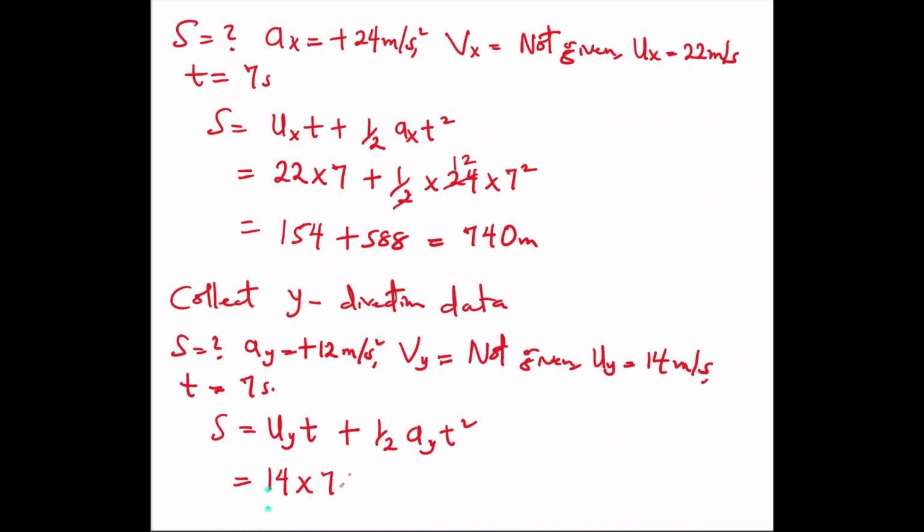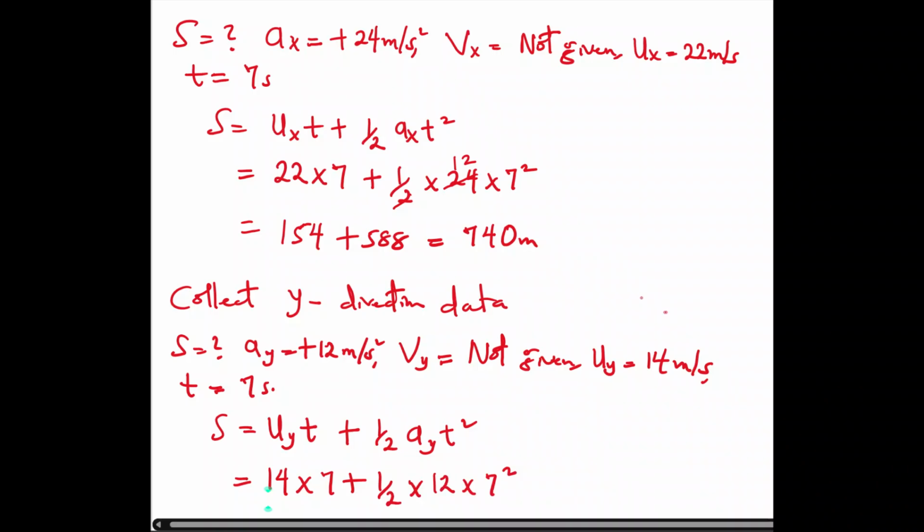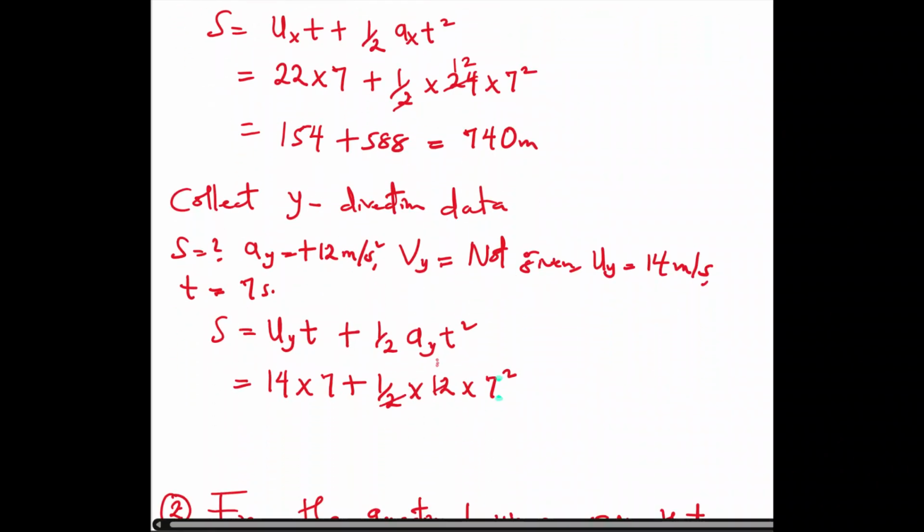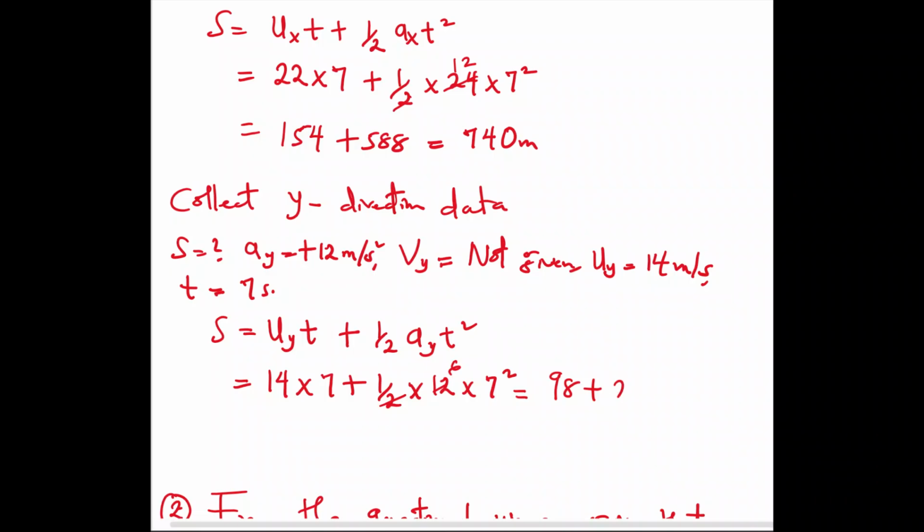So uy is 14 times 7 plus 1 over 2 times the acceleration in the y direction, 12, times 7 squared. 12 divided by 2 gives us 6. 14 times 7 gives us 98, so we have 98 plus 6 times 49. 6 times 49 is 294.